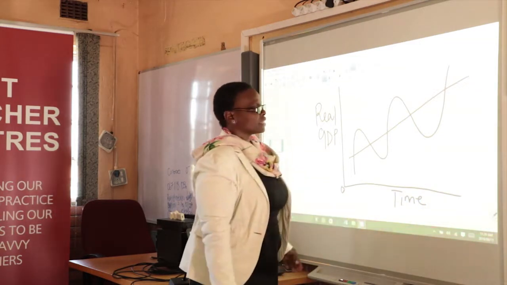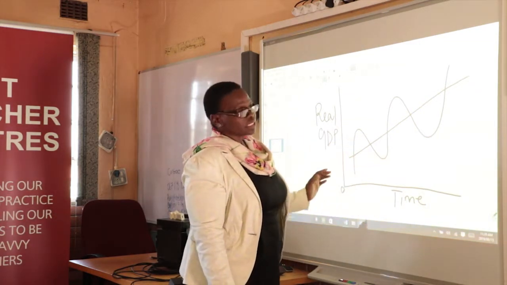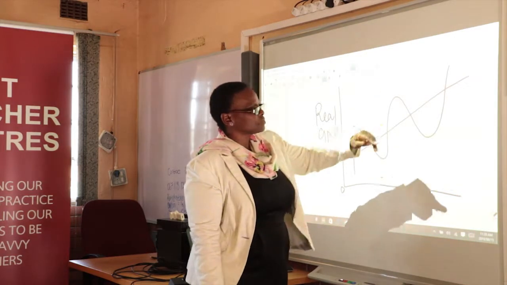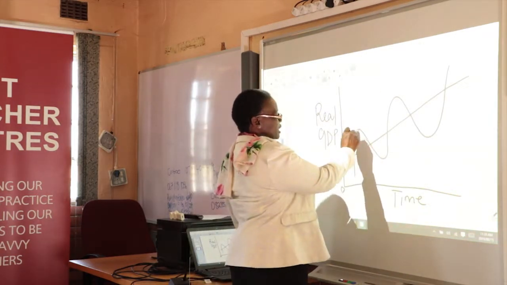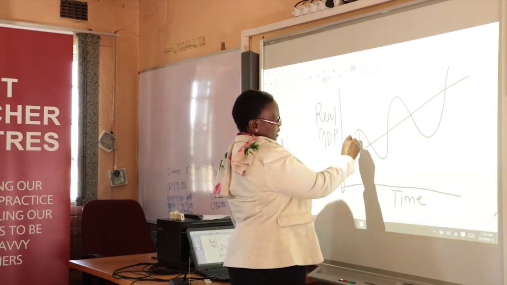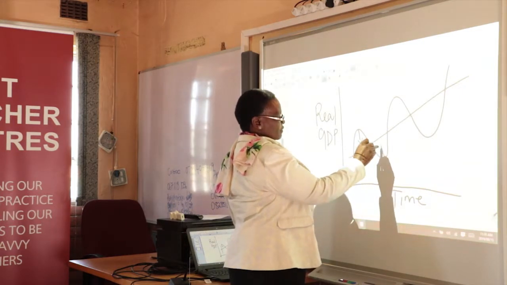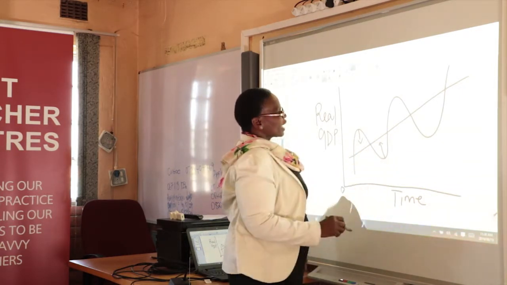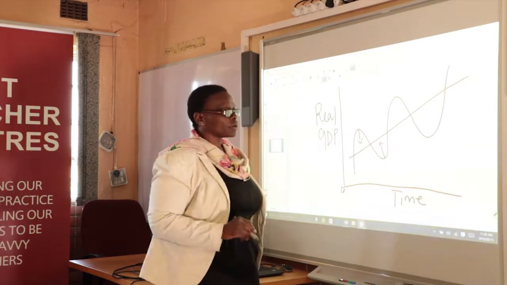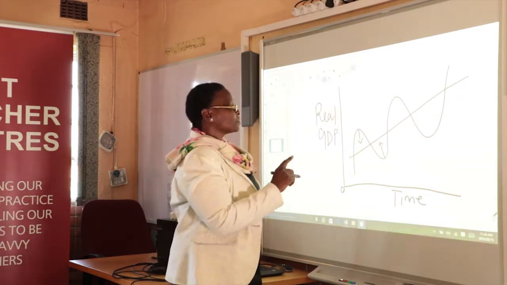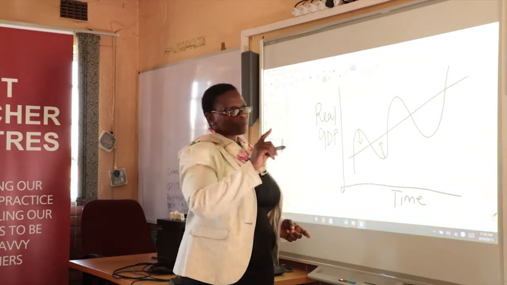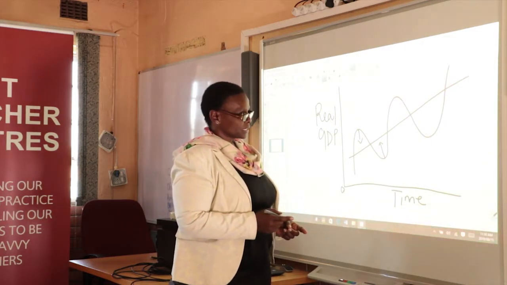Now you will remember that when the authorities try to smooth out these business cycles, in other words, trying to bring down the peaks and to level up the troughs, they applied the new economic paradigm, which applies both the demand side and the supply side policies.